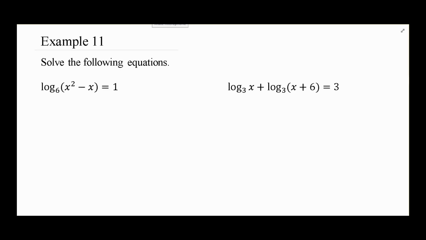So let's look at these two examples. Now the first one we're looking at already has a single log by itself on one side, number on the other. So this means we can take the base, raise to the power of the opposite side, equals the argument. Now to solve the resulting equation, we look at this and say, hey, this is quadratic, so let's move everything to one side so that the other side is 0.